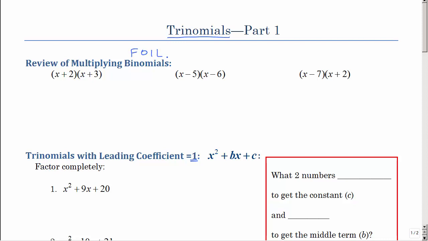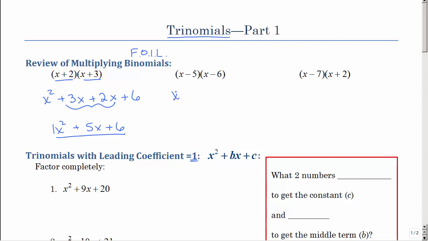Remember that FOIL method? Because if we have a binomial times a binomial, let's see what happens. If I multiply first, outer, inner, last, and then we collect like terms, remember those middle terms, we get a trinomial, and that leading coefficient, the coefficient of x squared, in descending order, the largest term, that coefficient is 1.